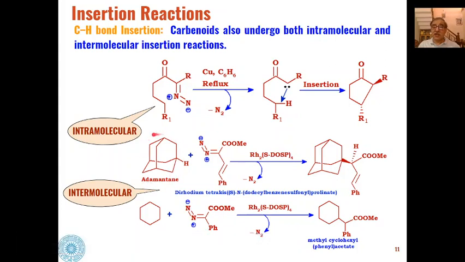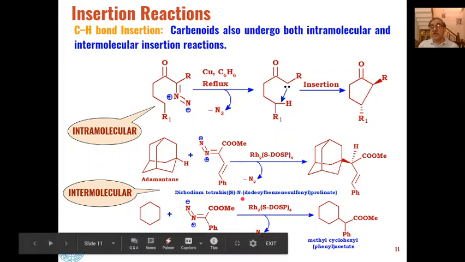This is adamantane, another tricyclic hydrocarbon, and this carbon hydrogen bond will undergo insertion reaction in the presence of these types of diazo compounds, and this rhodium compound is used as the catalyst.